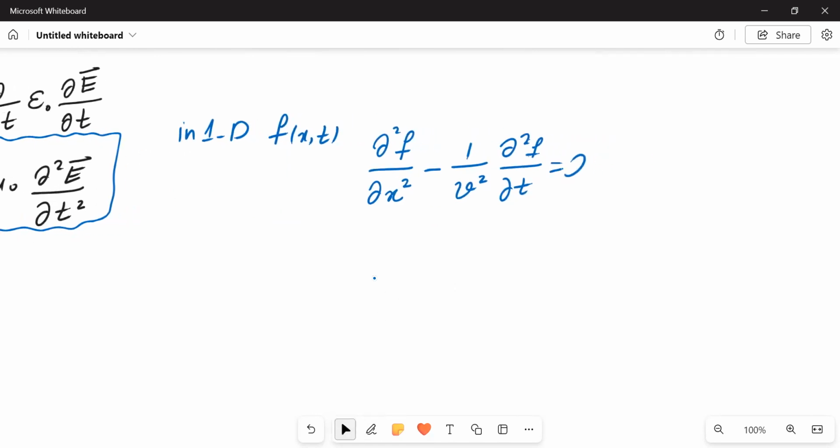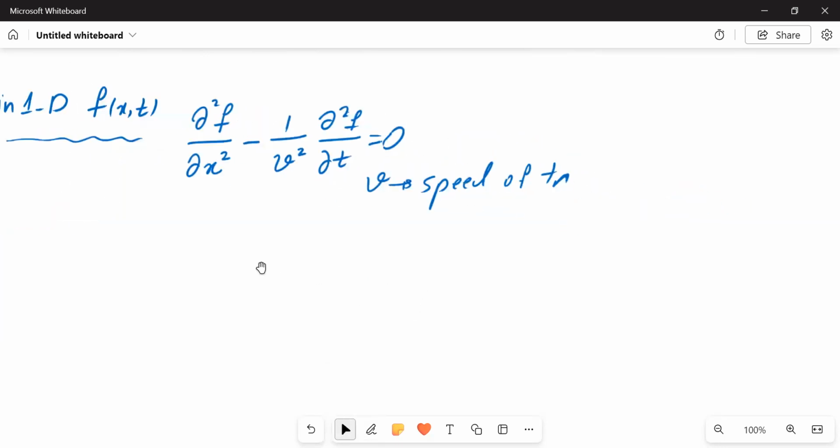This is the form of a one-dimensional wave, and here v is the speed of the wave. So any function that satisfies this equation is a wave.